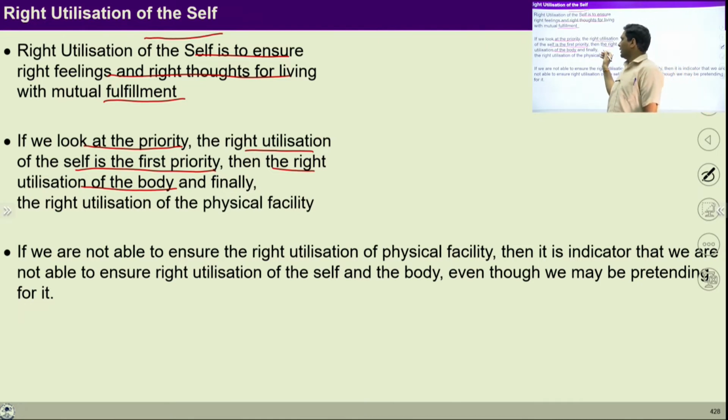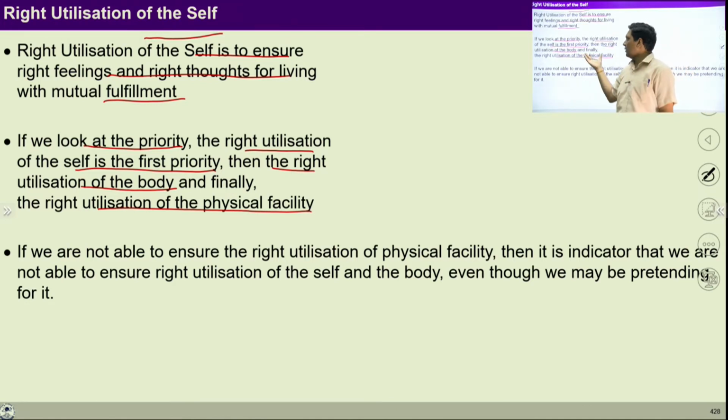And with the right utilization of self and right utilization of the body, finally I can right utilize the physical facilities available to us. So if we ensure these three right utilizations, right utilization of self, right utilization of body, and right utilization of physical facilities, then we can participate in larger order in a harmonious manner.